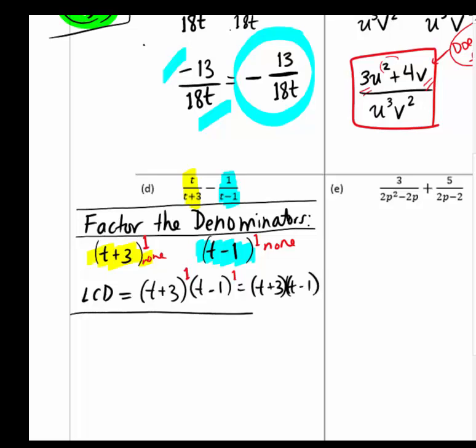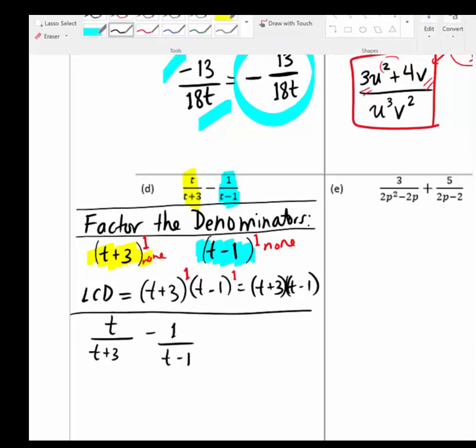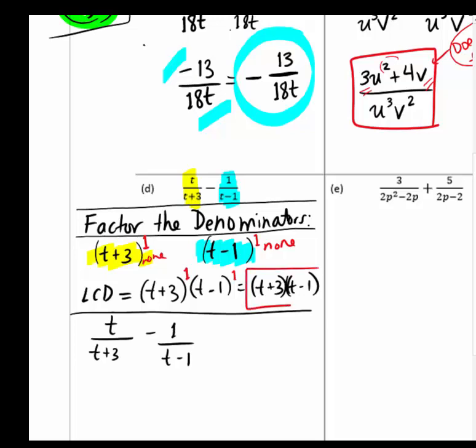Alright. Now I'm going to bring down the original fractions, t over t plus 3, and then minus 1 over t minus 1. Looking at each individual fraction, I have to multiply it by whatever it needs to get this denominator. The leftmost one has the t plus 3, it's just missing the t minus 1. That means I better multiply top and bottom by t minus 1.